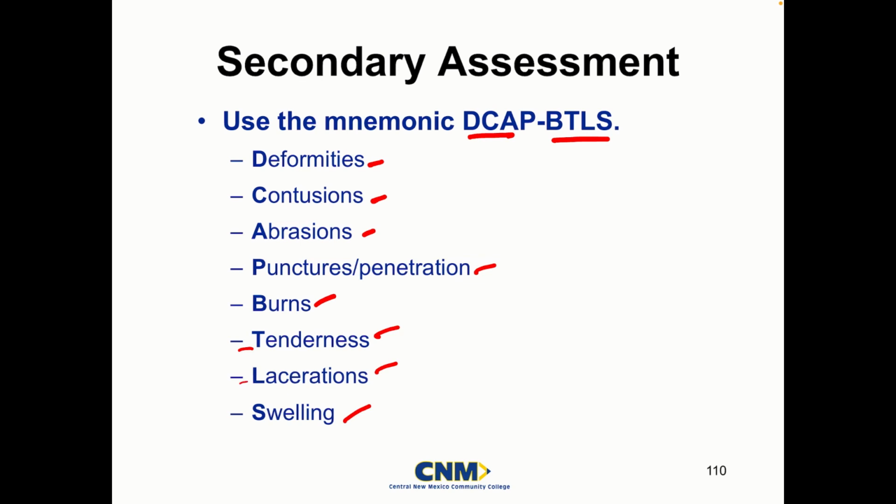Lacerations are essentially forms of cuts that may extend all the way down into the bone and the body cavities. And then swelling, the medical term for this is edema. Swelling may be because of an accumulation of fluid or blood in an area that pushes the tissue. So swelling generally we can see visually or we can feel.